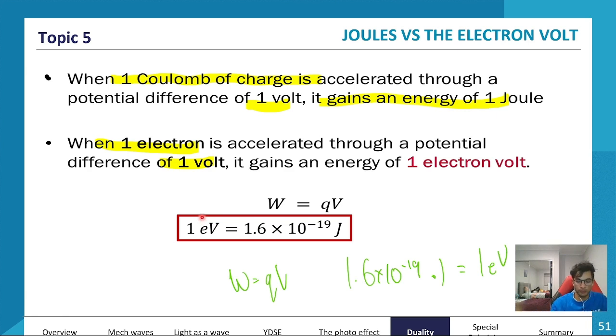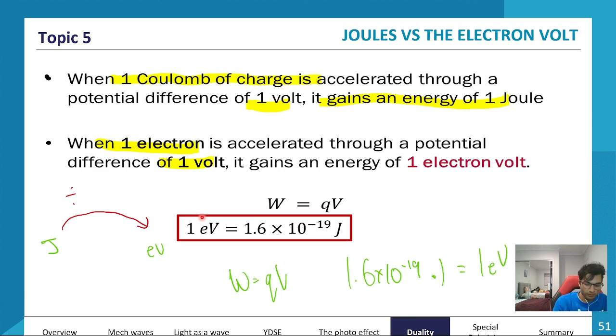If you want to convert between the two units, so let's say we have joules here and electron volts here, to go from joules to electron volts, you divide by 1.6 times 10 to the negative 19.